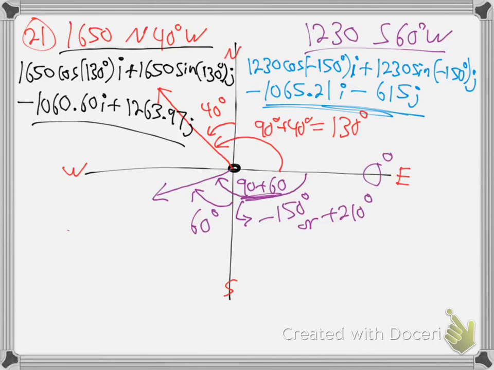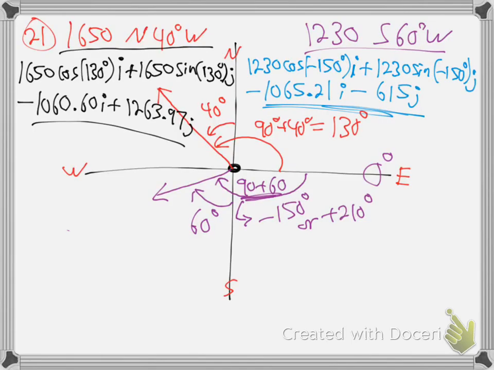So the first vector is minus 1060.60i plus 1263.97j.